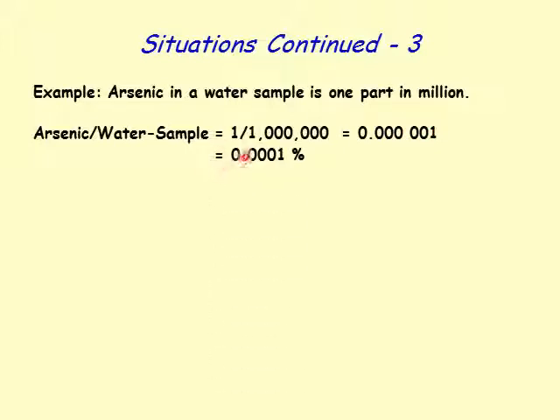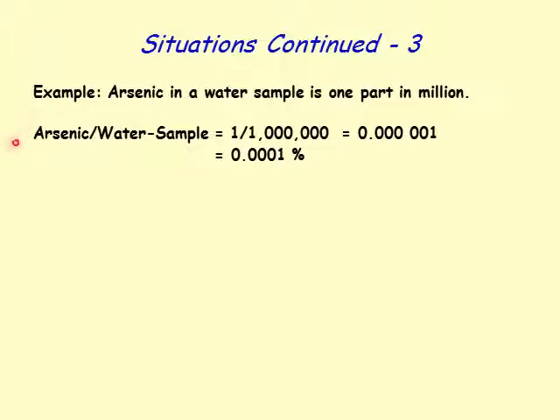And that is equal to, we move the decimal place 2 places to the right, that becomes 0.0001%. So this is the ratio here, 1 divided by 1 million, which is 0.000001. And when we move to percentage terms, we move the decimal place to the right 2 places and it becomes 0.0001%.